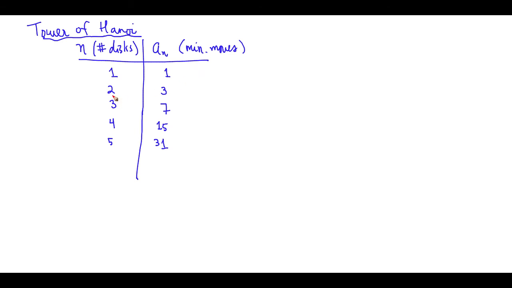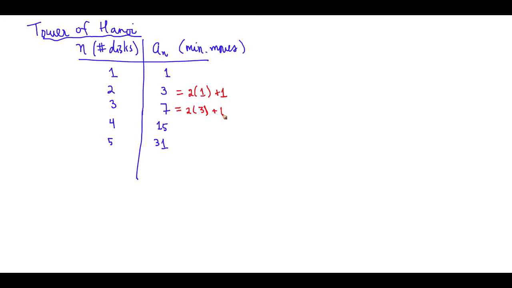To solve for two discs, 3 here is really just 2 times 1 plus 1. 7 here is just 2 times 3, the previous number of moves, plus 1.